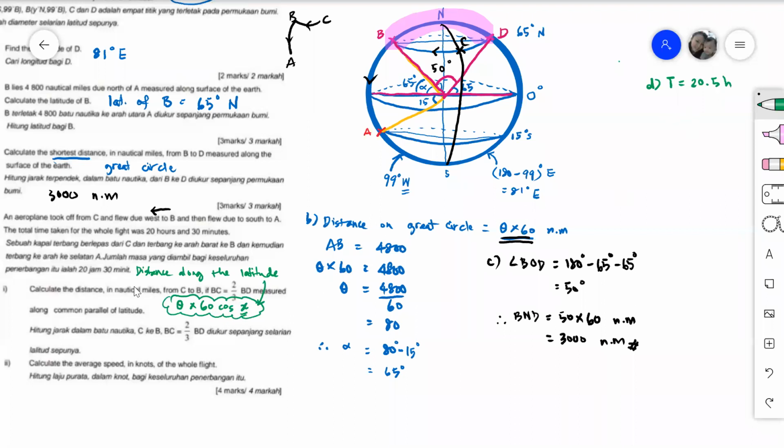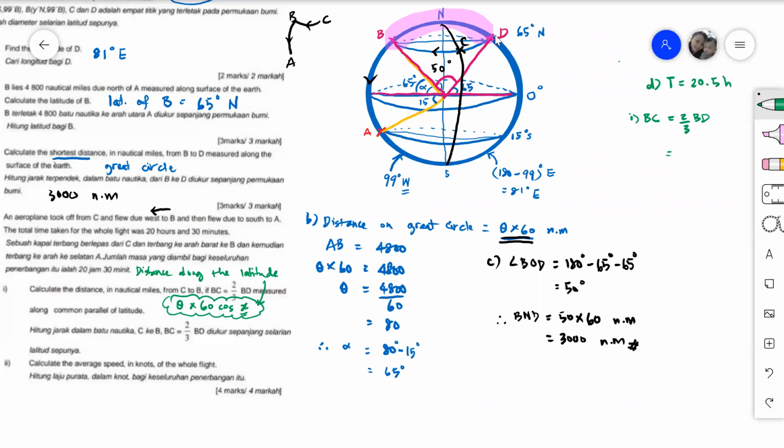Now let's move on to solve part 1, D part 1. Calculate the distance C to B if BC is 2/3 of BD. Since B to D is a diameter of the latitude, the angle between them is 180 degrees.